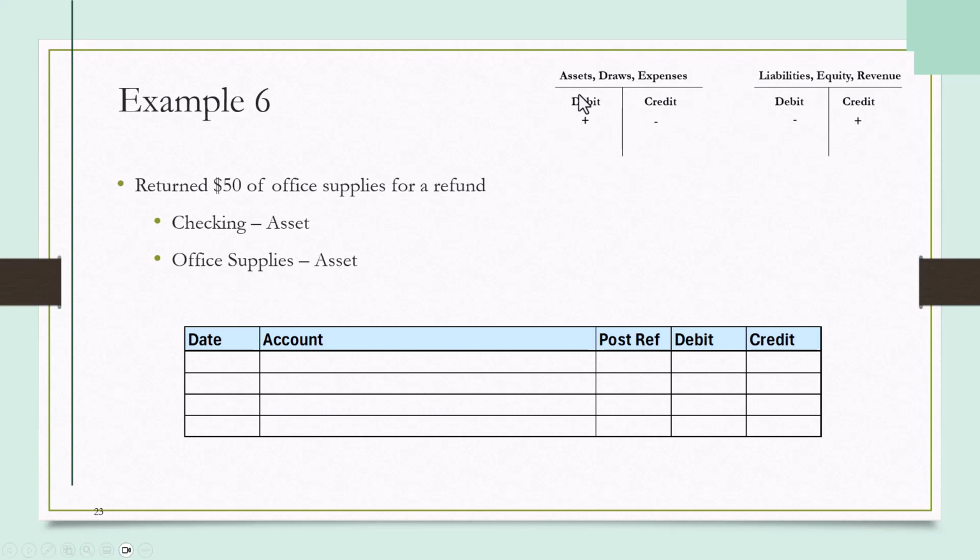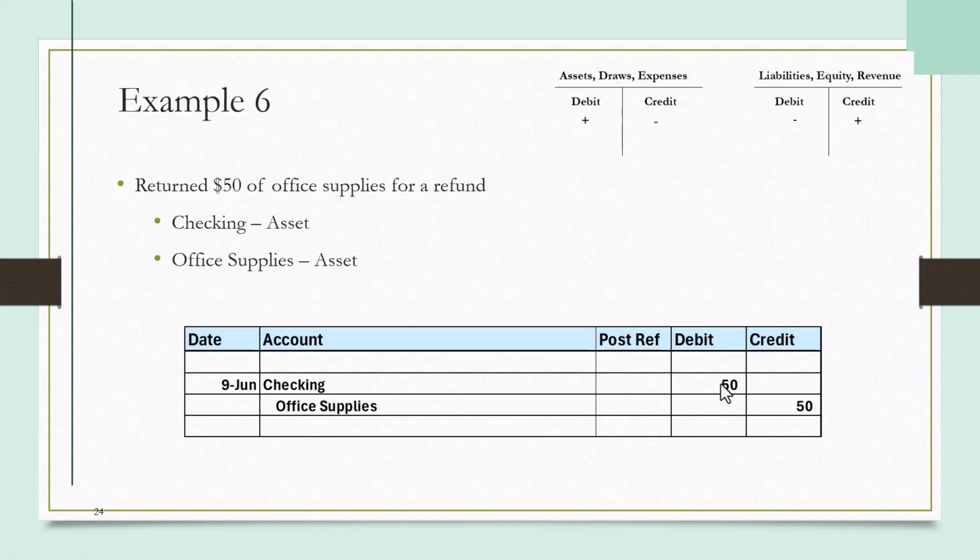So if we're adding to checking, checking would be your debit. We're subtracting from office supplies. Both of those are assets, so subtracting from office supplies would be the credit. And this is what the entry would look like.